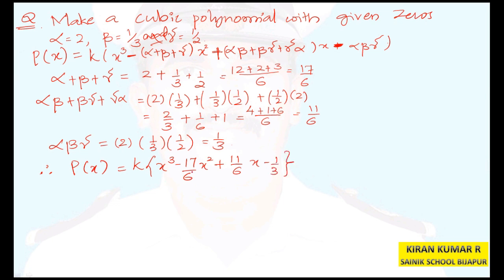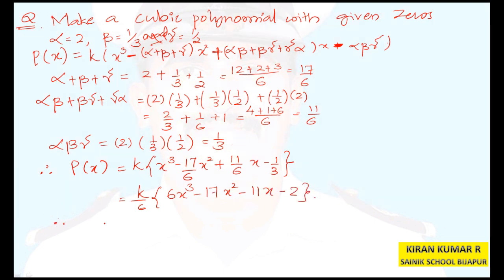Look at this. Throughout you can take 1 by 6 as common. So we'll be getting k upon 6 multiplied to 6x cube minus 17x square plus 11x minus 2.